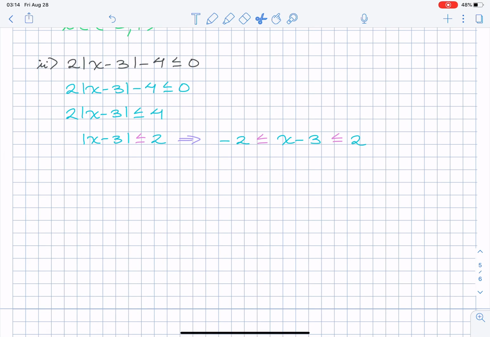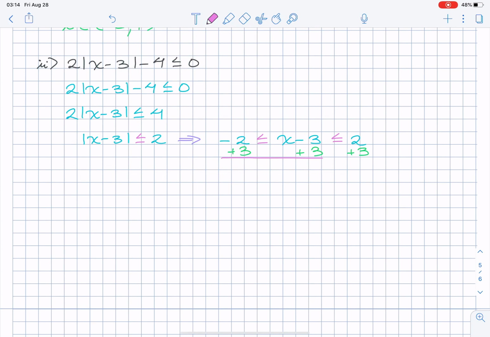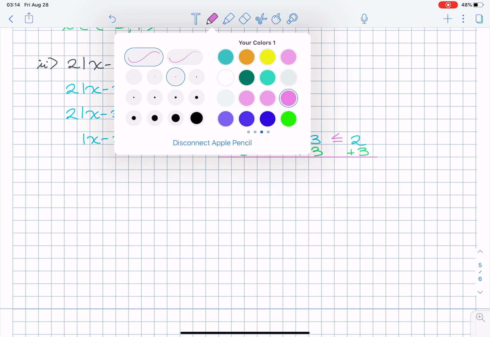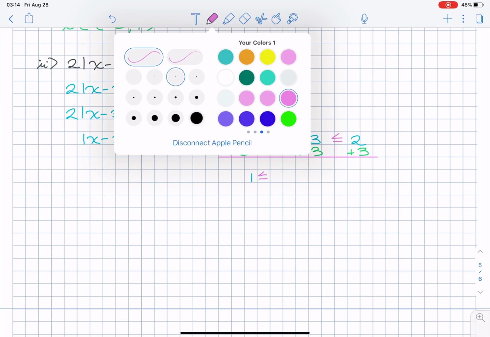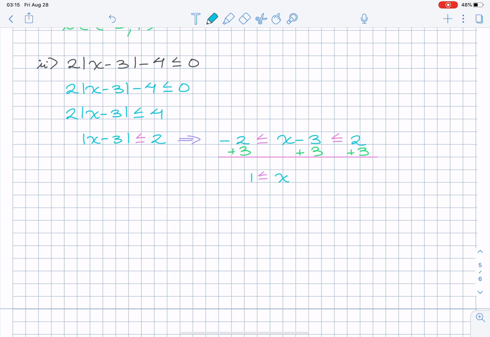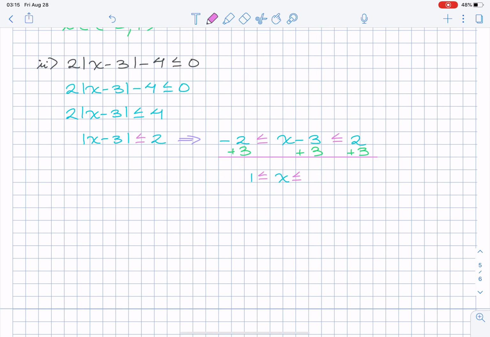Okay, so now let's add 3 to all three sides. And that will give us that 1 is less than or equal to x, which is less than or equal to 5.